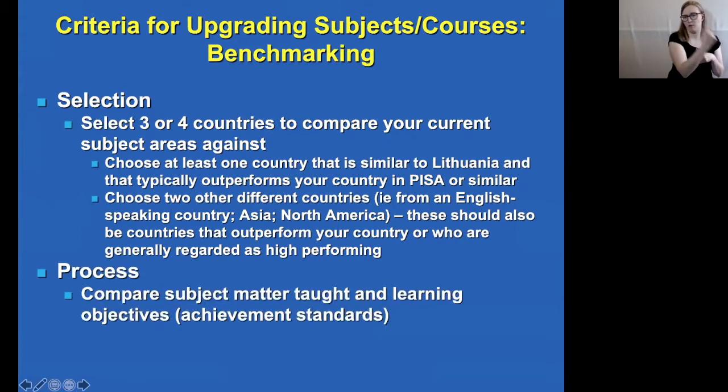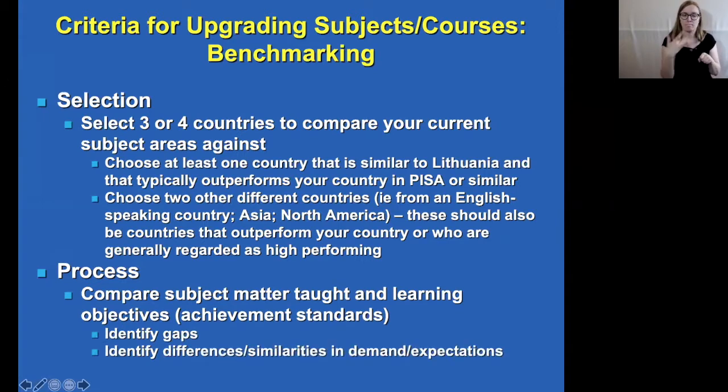The process is to compare the subject matter taught, what is taught, and if they've got differentiated levels, that's what you'd be looking for. Where does your content align? Does it fit mostly within the general or in the higher or intermediate courses that they have. So you're trying to match and look for gaps, things that are taught by them that you don't teach, and similarities in the expectations, what we call the demand.